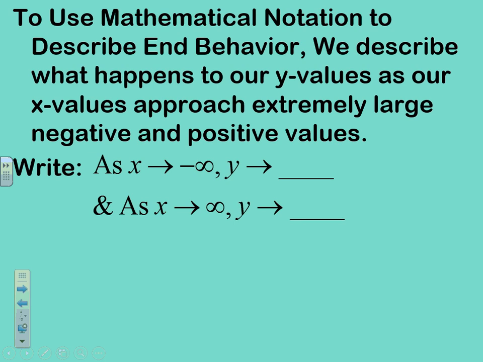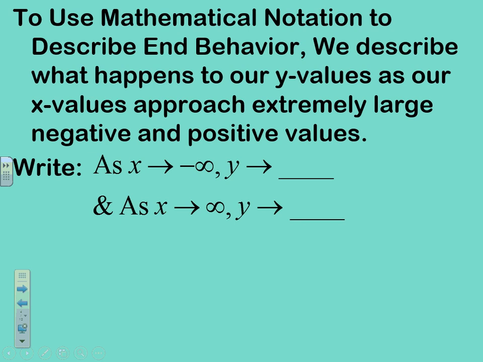Now, the difference between a rational function and a polynomial function is that with polynomial functions, typically, as x approached one extreme or another, meaning positive infinity or negative infinity, y would also approach either a positive infinity or a negative infinity. Well, with a rational function, it's a little bit different. Generally speaking, as x approaches an extreme, one way or the other, y will no longer go to a positive or negative infinity.